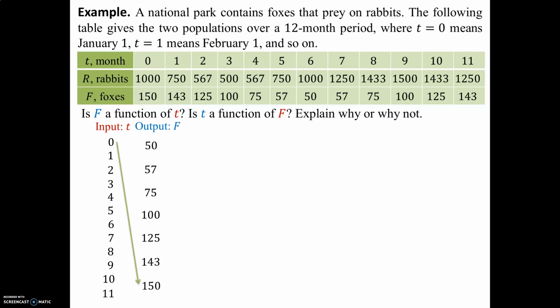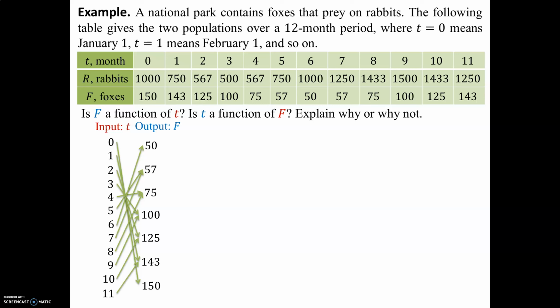0 goes to 150, 1 goes to 143, 2 goes to 125, 3 goes to 100, 4 goes to 75, 5 goes to 57, 6 goes to 50, 7 goes to 57, 8 goes to 75, 9 goes to 100, 10 goes to 125, 11 goes to 143.